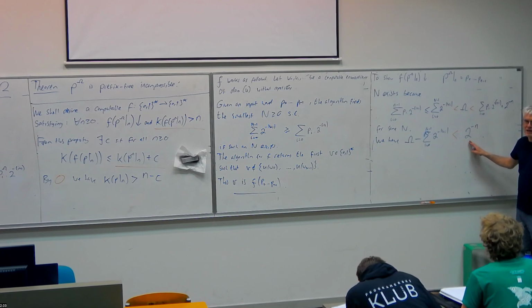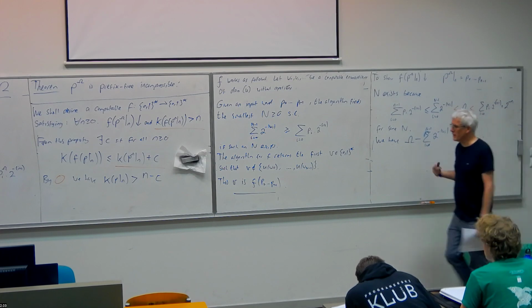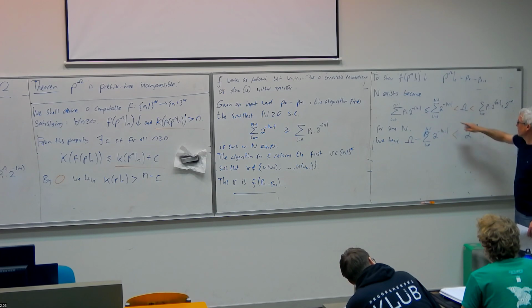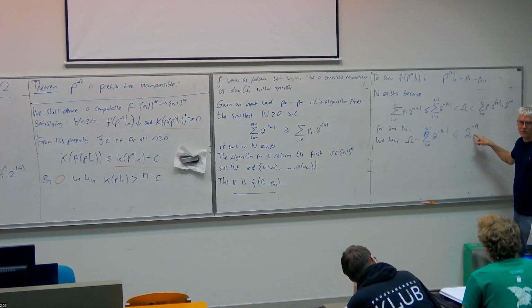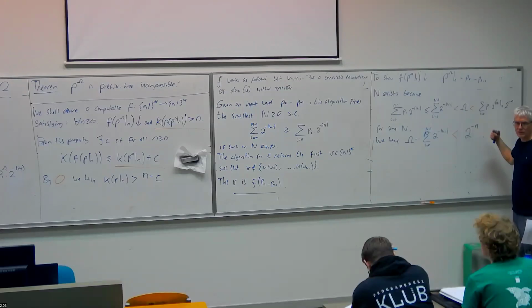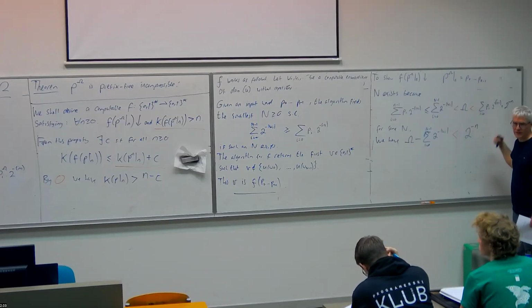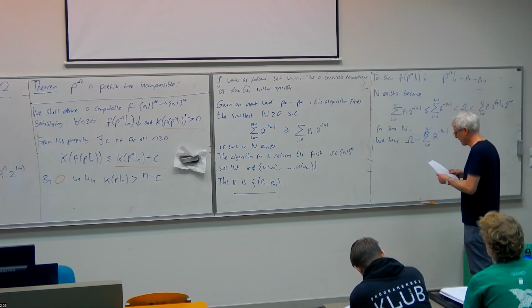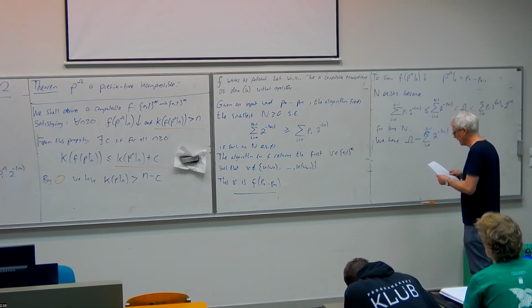Which means every word in the remaining domain of the universal function that we haven't included so far has to contribute a weight strictly less than this, which means all such words have length greater than little n.